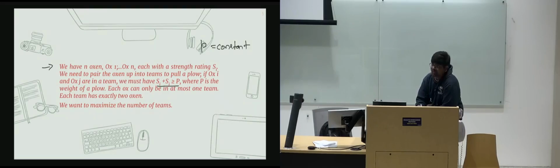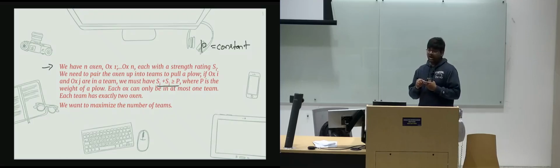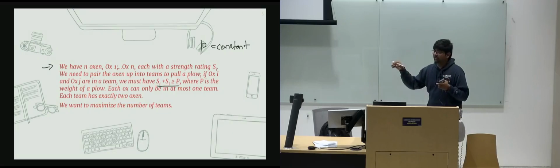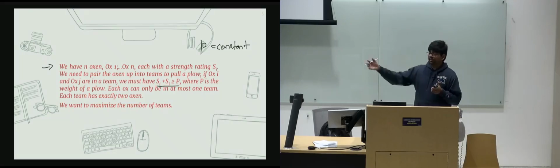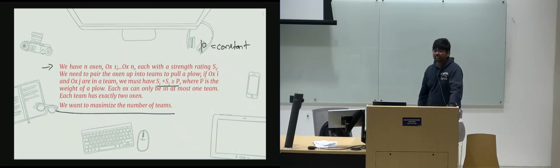You need to maximize the number of pairs such that the sum of Si and Sj is greater than or equal to p. And one ox can be part of at most one team. You cannot pair the same ox in some other team. If it's part of team A, it cannot be part of team B. So your goal is to maximize the number of teams, or pairs.